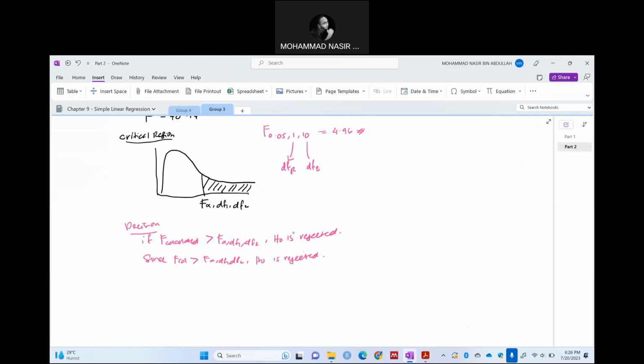So we can make a conclusion: the model is fit for prediction. Okay, basically that's all for ANOVA.